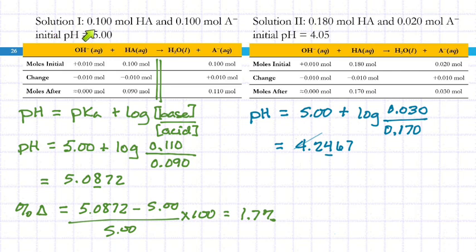This one had a pH that was equal to the pKa because when it started, the concentration of acid and base were equal to each other, and so base over acid equals 1, log of 1 is 0, pH equals pKa. But over here, it doesn't.